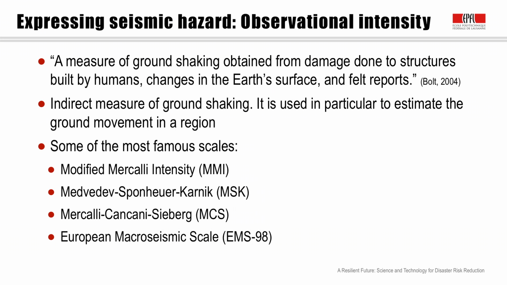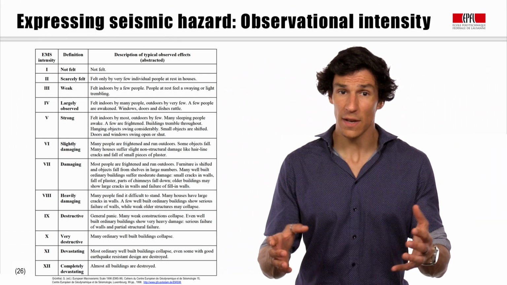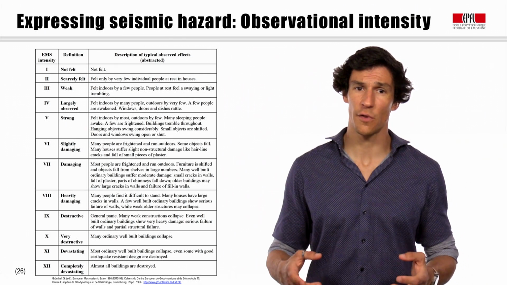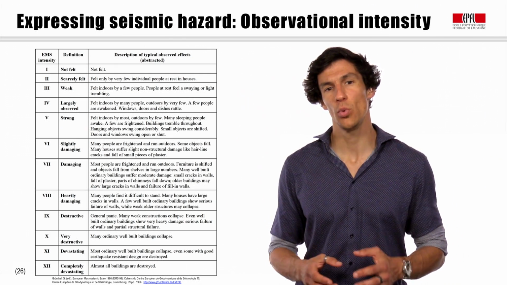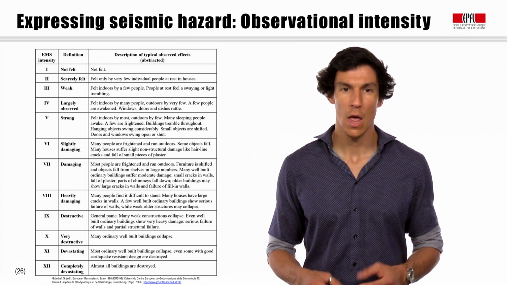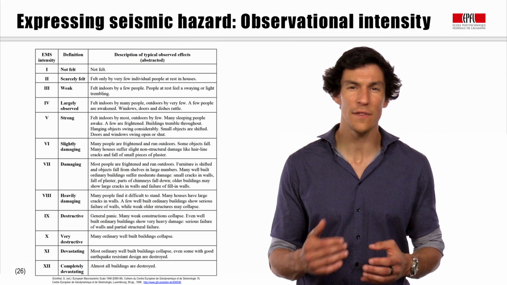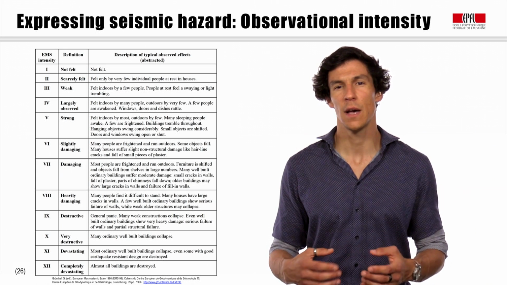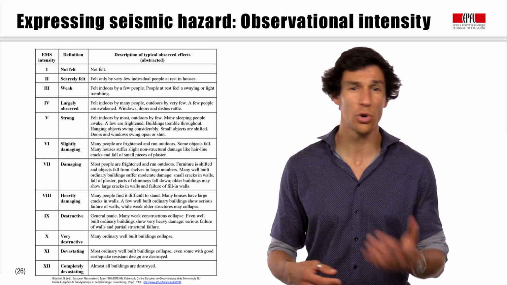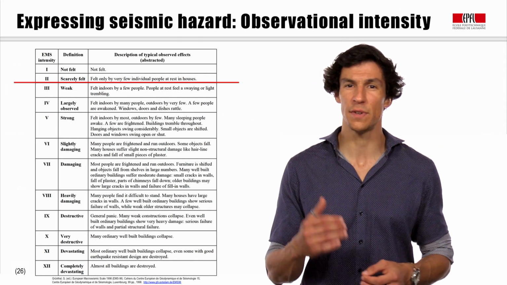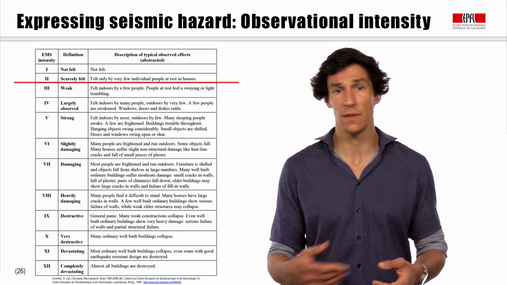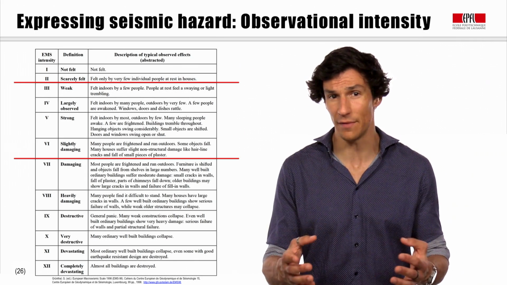However, there are others. For example, this table presents the short form of the European macroseismic scale EMS 98, which is a 12-point scale. Roman numerals are used to emphasize the fact that these scales are neither continuous nor linear. The level 3 corresponds to the level of human perceivability, while damage in structures initiates in level 7.